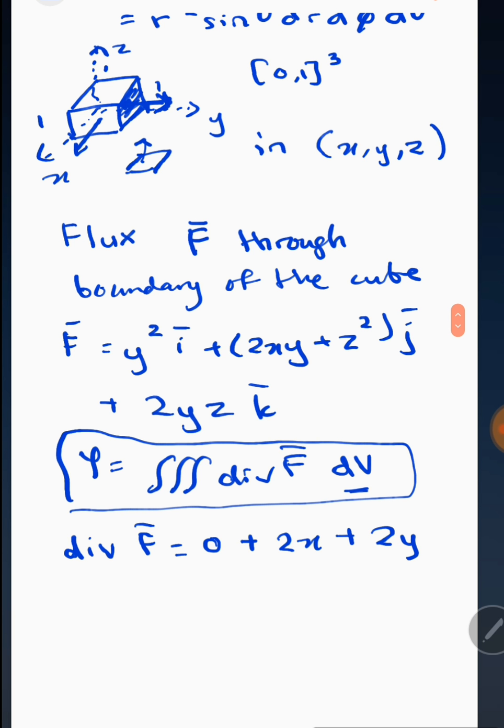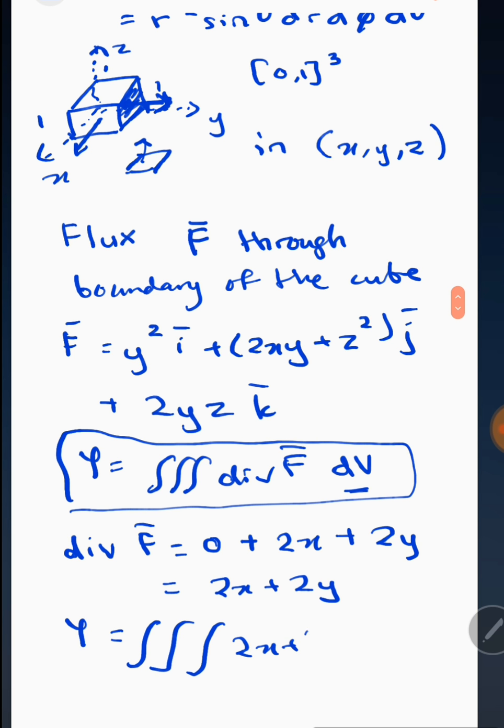So I'm just performing each derivative of its component and sum those all up. So that gives me the divergence of F, which leads me to 2x plus 2y. Having got this, then we look back at the formula. So the flux can be obtained by putting the triple integral. Divergence of F gives me 2x plus 2y.